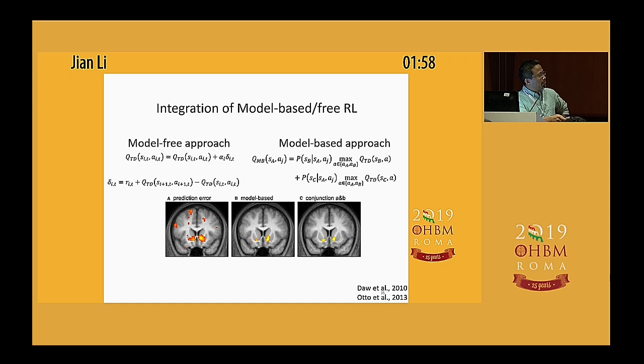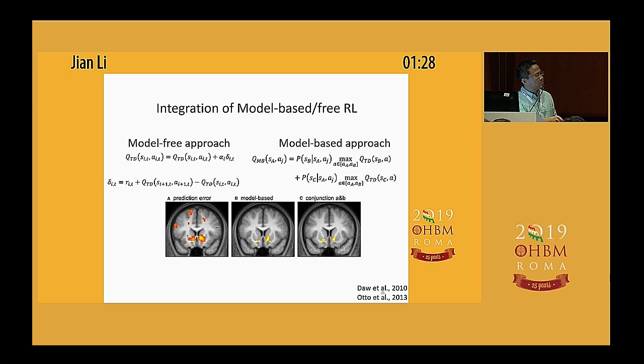If you use the prediction errors generated from the model-free approach as well as from the model-based approach, because those two prediction errors are uncorrelated with each other, and you use them to go to the brain and hunt for their neural correlates, surprisingly, you find neural activities in the striatum that correlate with both types of prediction errors.